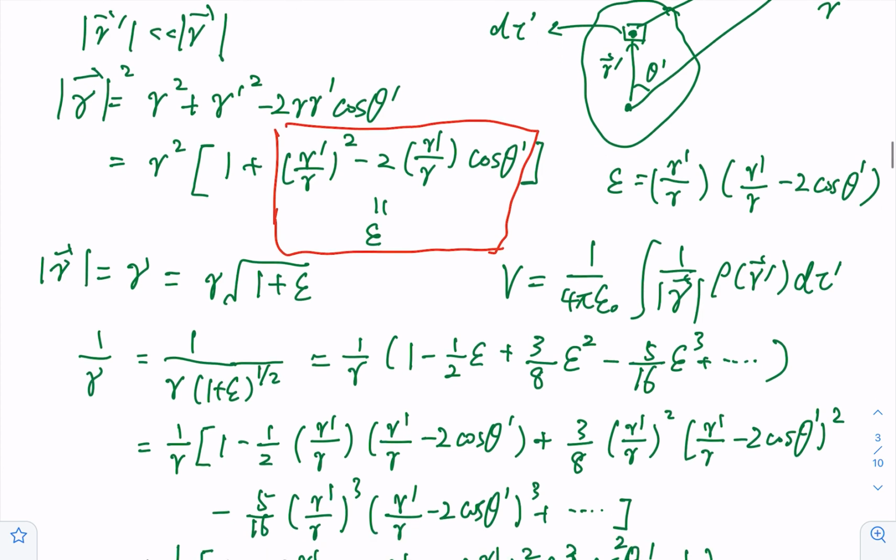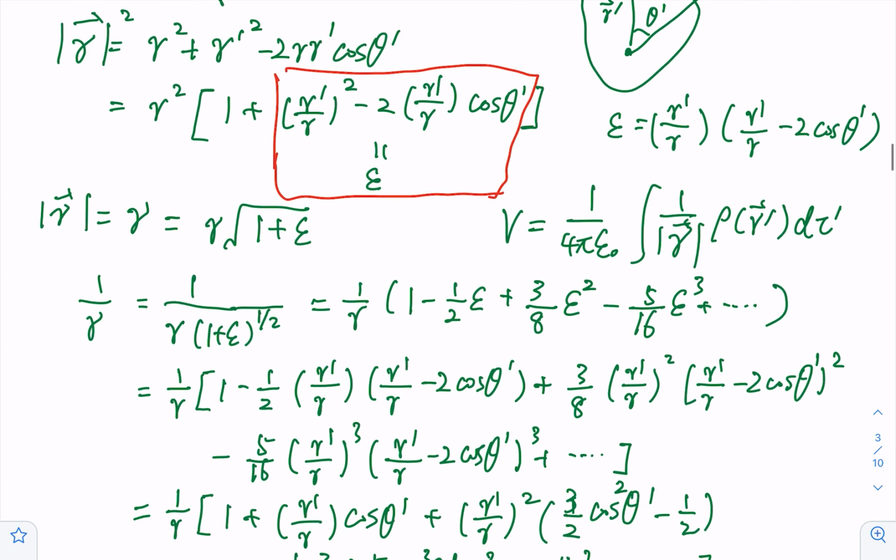Let's do this mathematical expansion first. Here, this is simply 1 over the separation vector, and now we do a Taylor expansion of this separation vector in terms of this small quantity, epsilon.